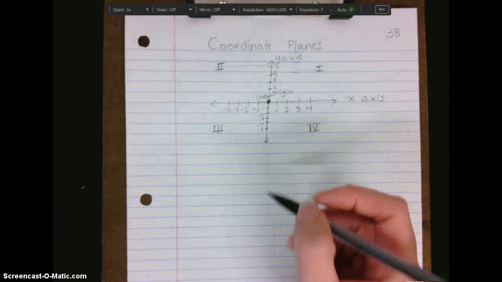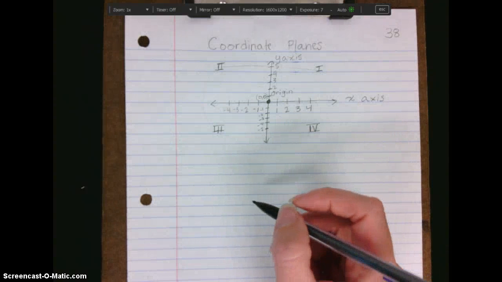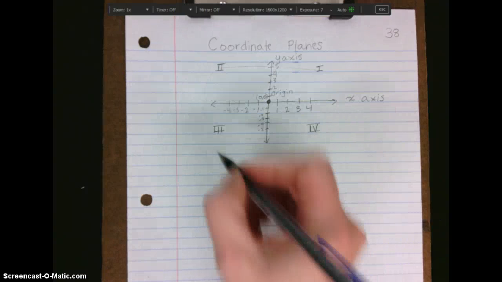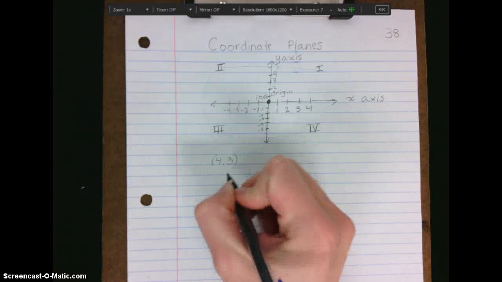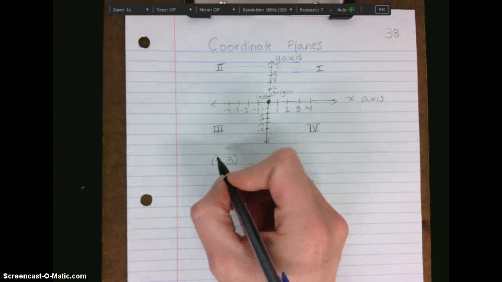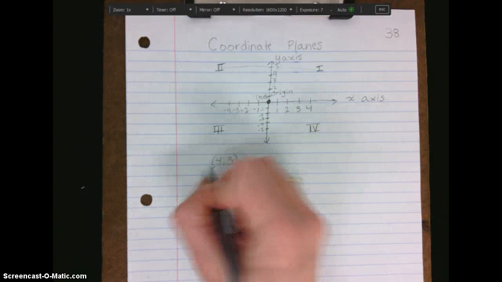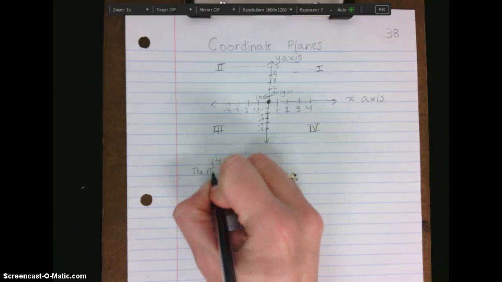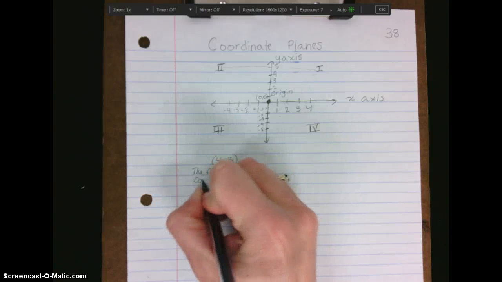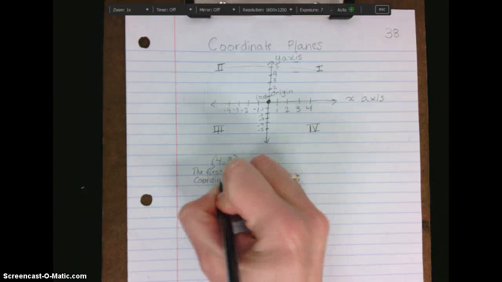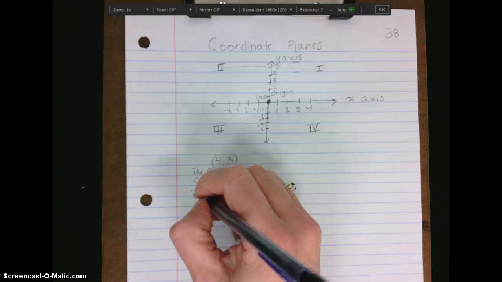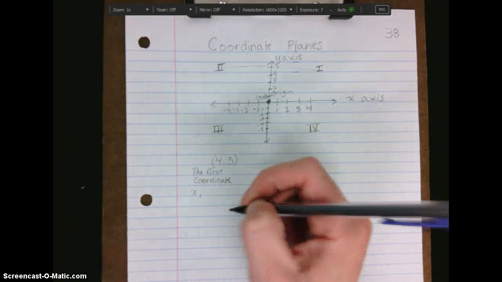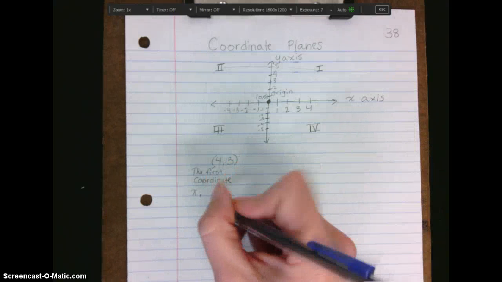When we want to say where a point is in space, we use what is called an ordered pair, and it is listed like this. The first number in the ordered pair is called the first coordinate. It's also the x coordinate because it tells us where to move along the x-axis.